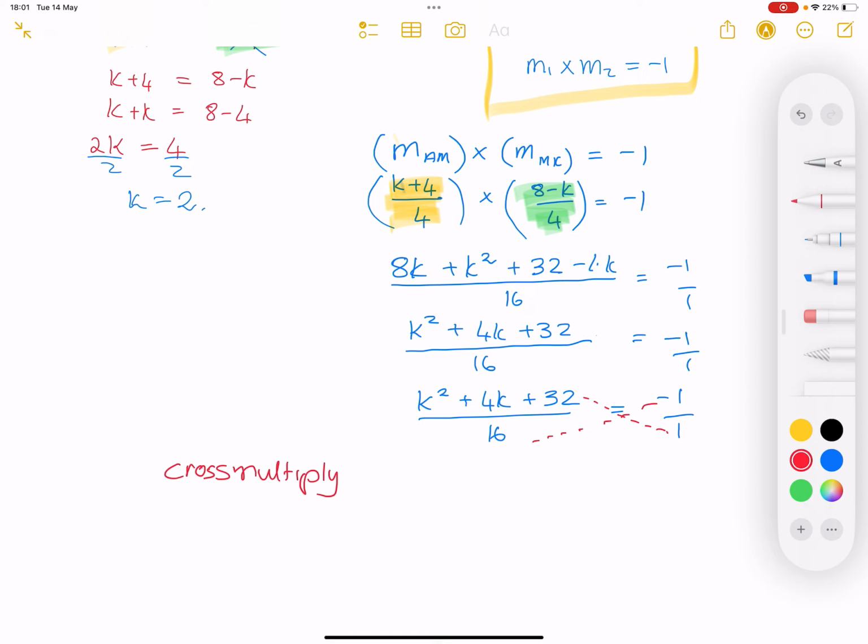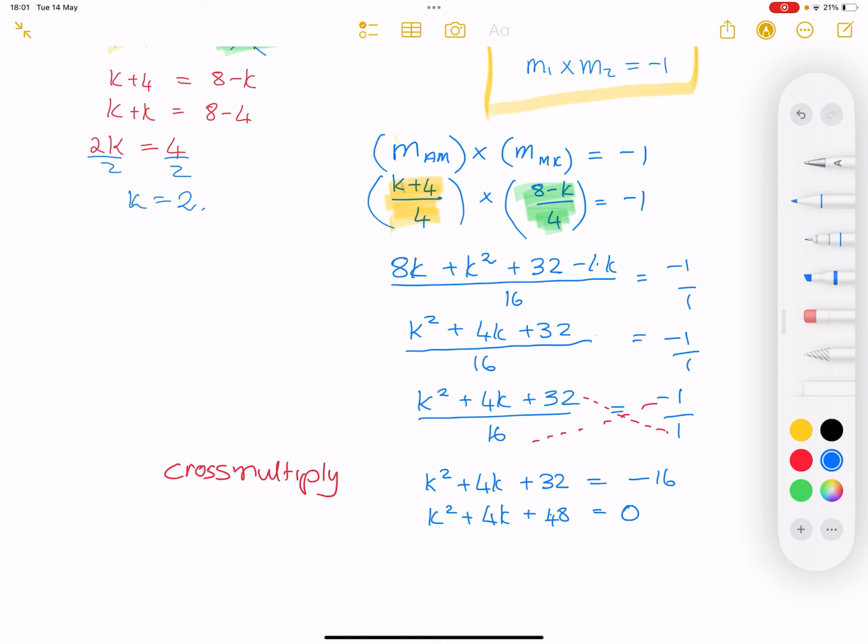So you will get k squared plus 4k plus 32 is equal to minus 16. k squared plus 4k plus 48 is equal to 0, because 32 plus 16 is 48.